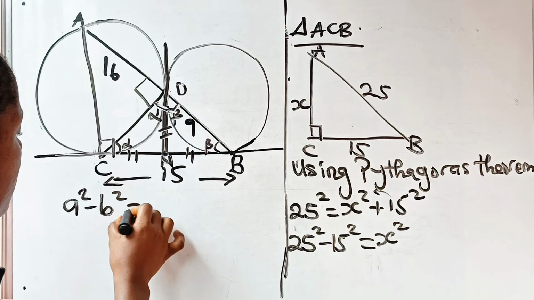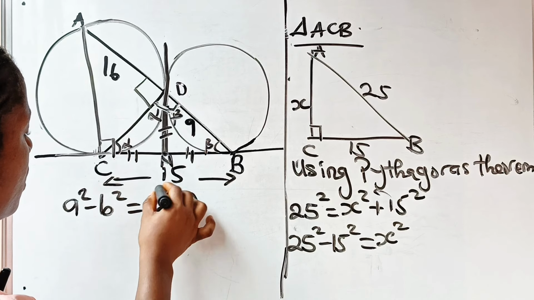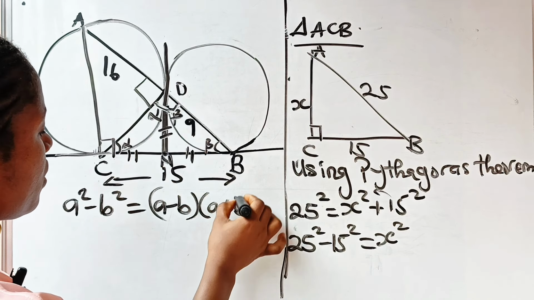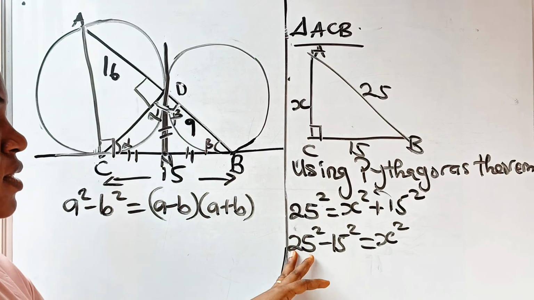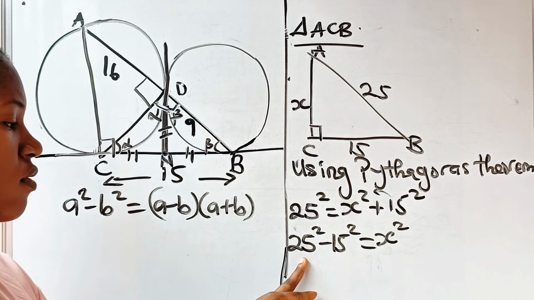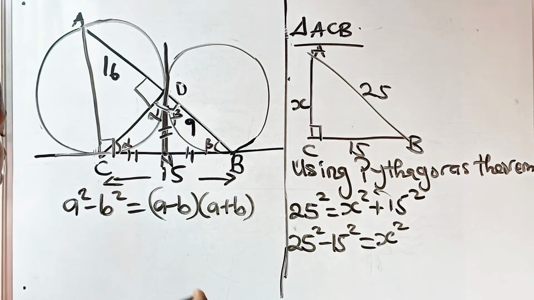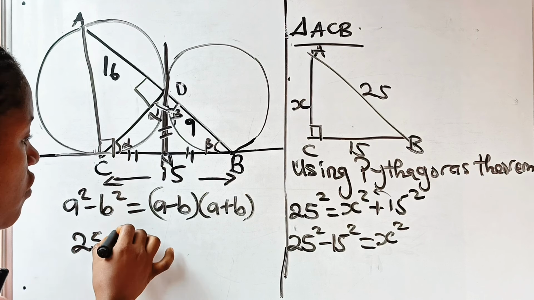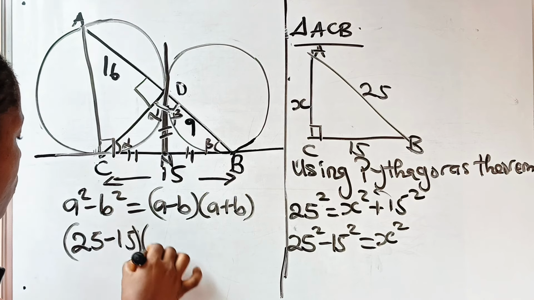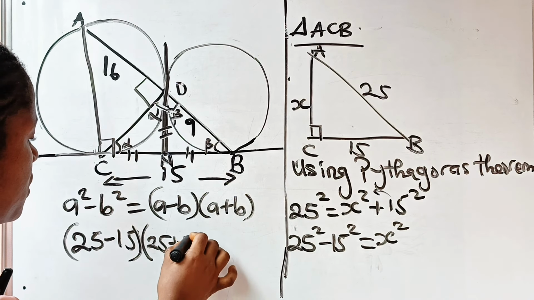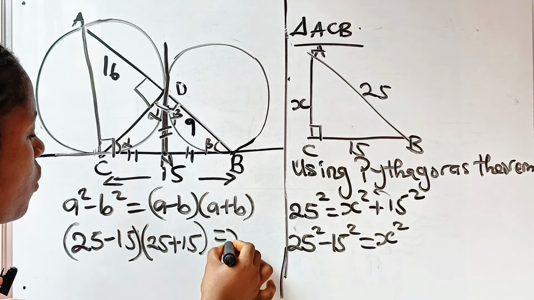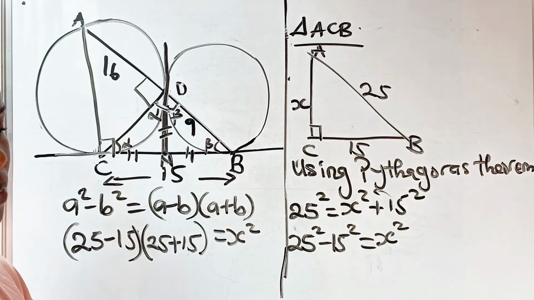Now remember this theorem that states that A squared minus B squared is equal to A minus B multiplied by A plus B. So in this case, our A is 25 and our B is 15. So we'll have 25 minus 15 multiplied by 25 plus 15 is equal to X squared.